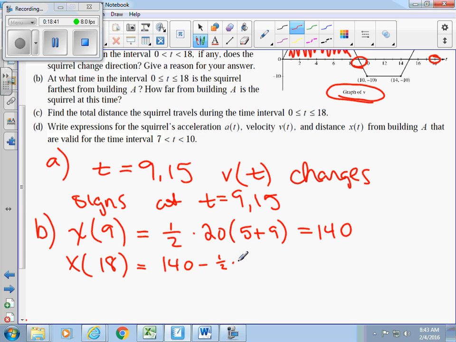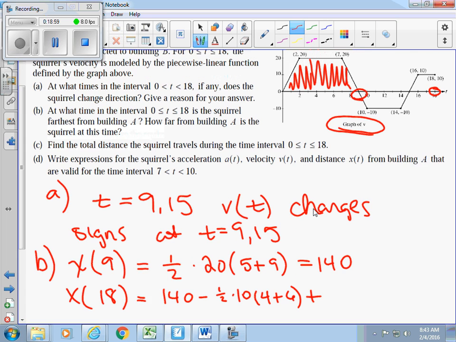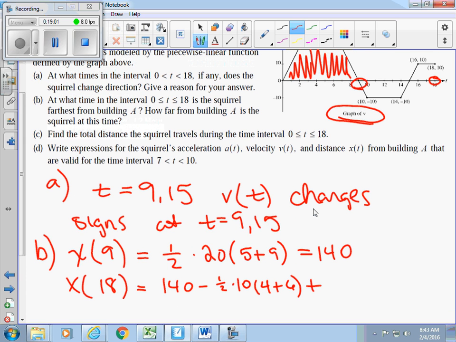There's a height of 10, and the bases are 4 and 6. Is that right? And then I'm going to add the last piece, which is another trapezoid. Height of 10. Is that right? Bases of 3 and 2.